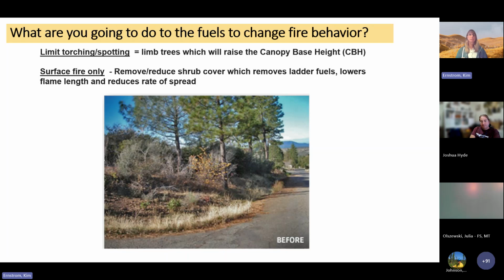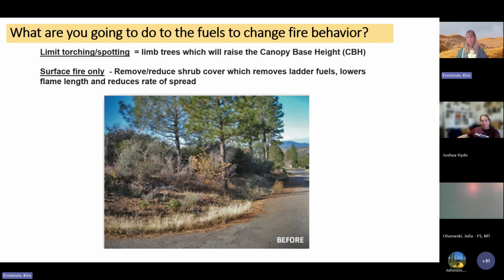So I'm doing 2 things, right? I'm changing the canopy base height by doing some sort of lop and scatter or whatever your fuels treatment might be. And maybe I'm roller chopping the shrubs and putting those on the ground. So now it's more of a surface model rather than a shrub model that can get into the crowns of the trees. So that's what I'm mechanically doing out there on the ground.